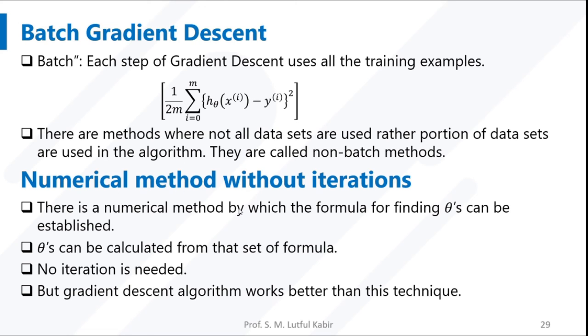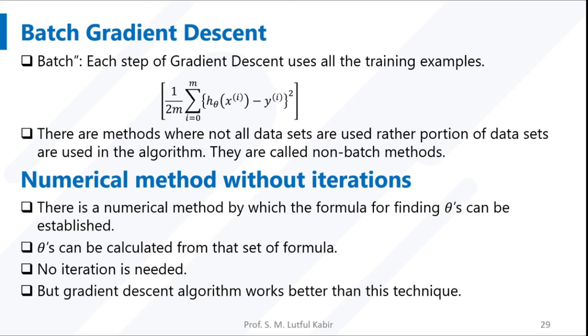Numerical method without iterations. The method that we followed needs iteration. At every iteration, we change theta 0 and theta 1, and at a certain point of time, we'll end up with a result, a minimum error point.